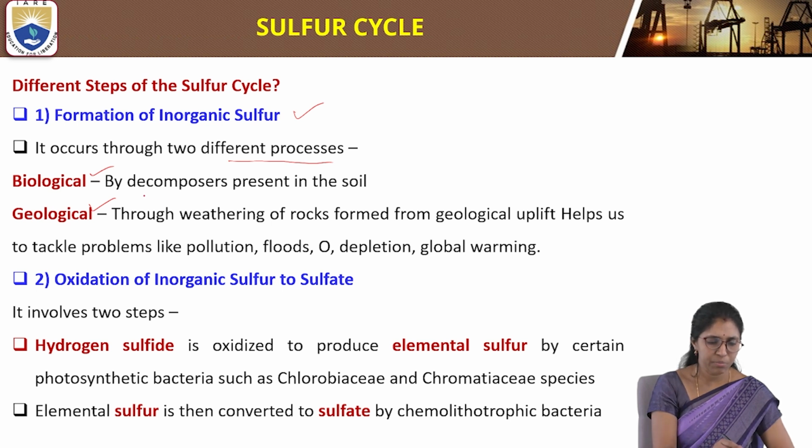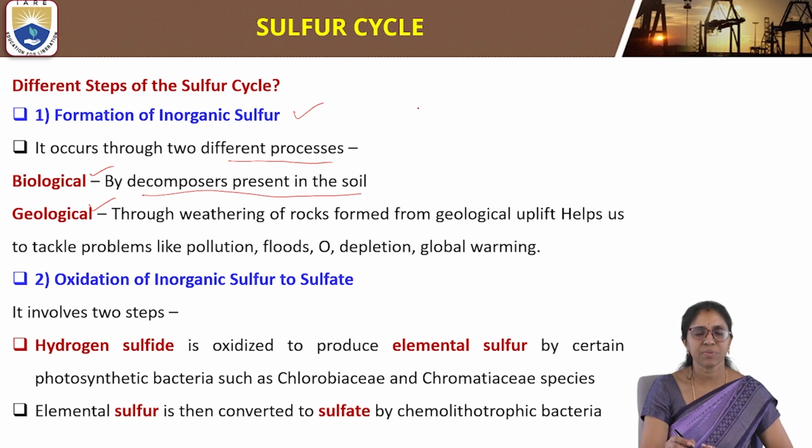In the biological process, the formation of inorganic sulfur takes place by the decomposers present in the soil. The decomposers present in the soil produce the inorganic sulfur. The second one is geological, that is, through weathering of rocks.